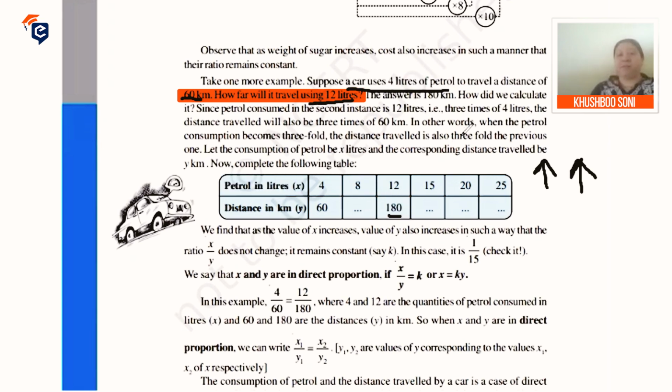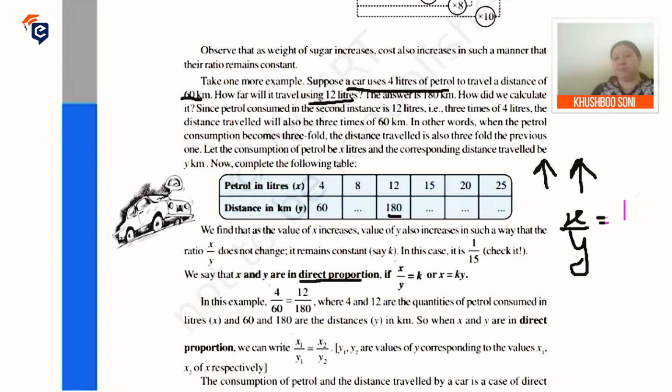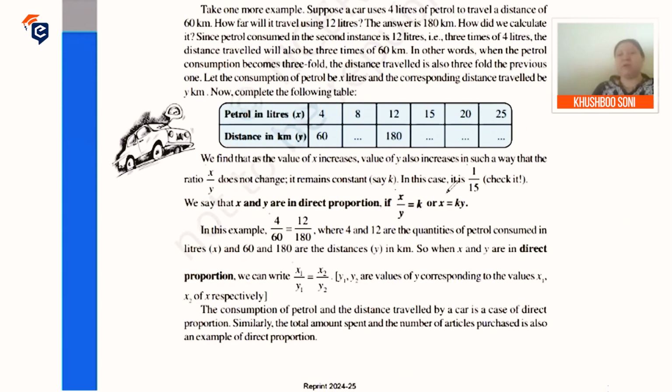For direct proportion, we use the formula x by y equals k. Identify the missing term using the formula x by y. Now compare this 4 by 60 with 8 by the missing value.